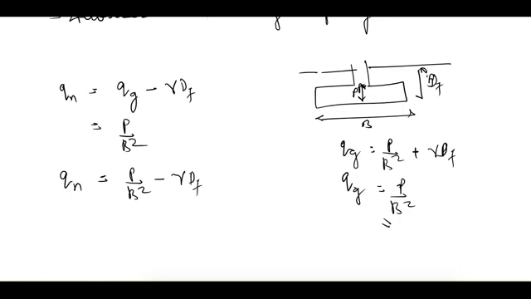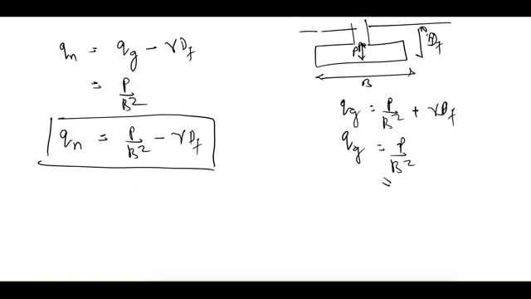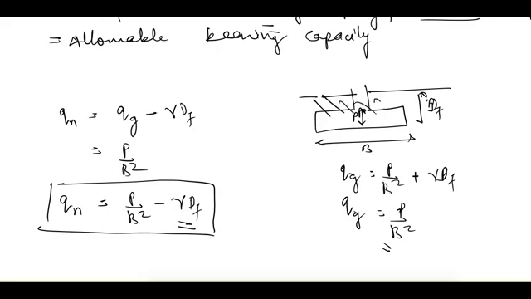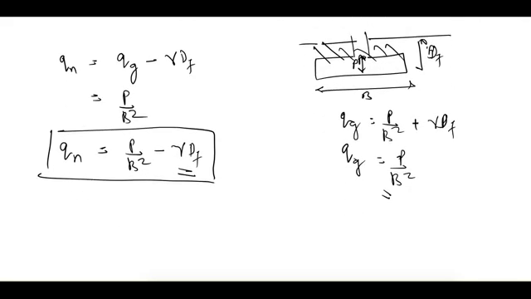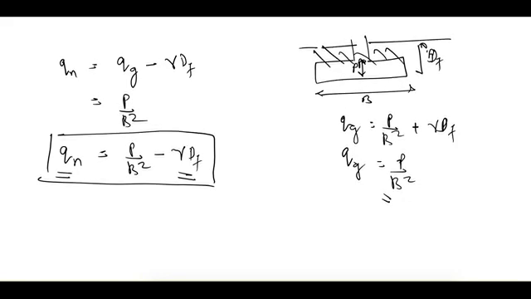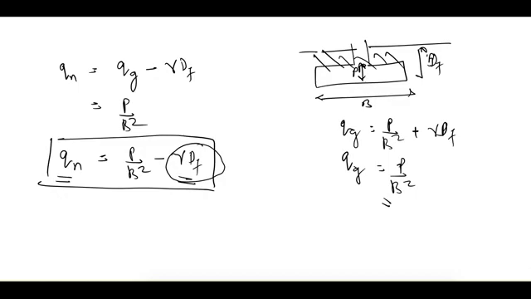So from here we see that if we do not put this soil back, then the net pressure intensity on the soil is reduced, and it is reduced to a large extent if the depth of footing is very large.